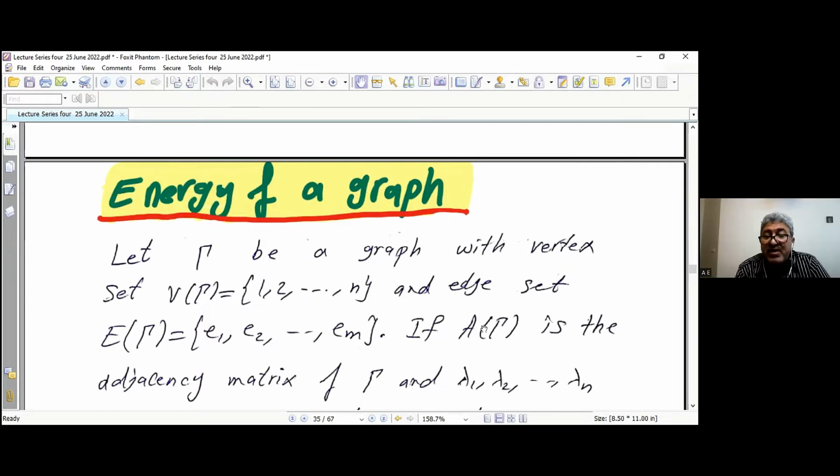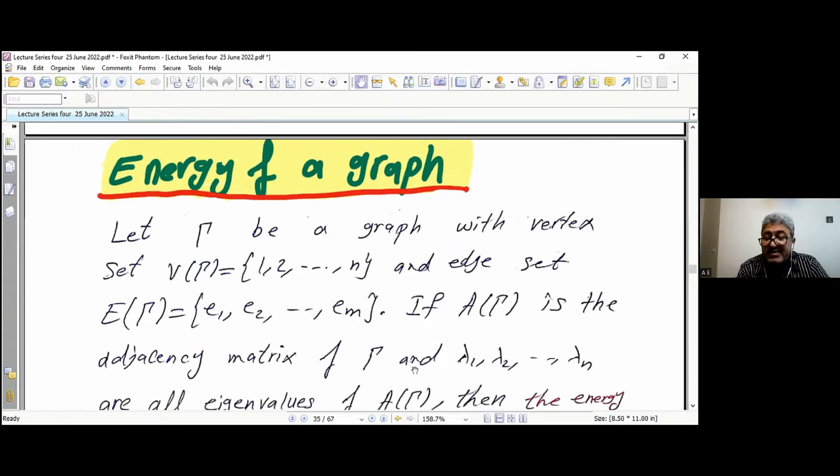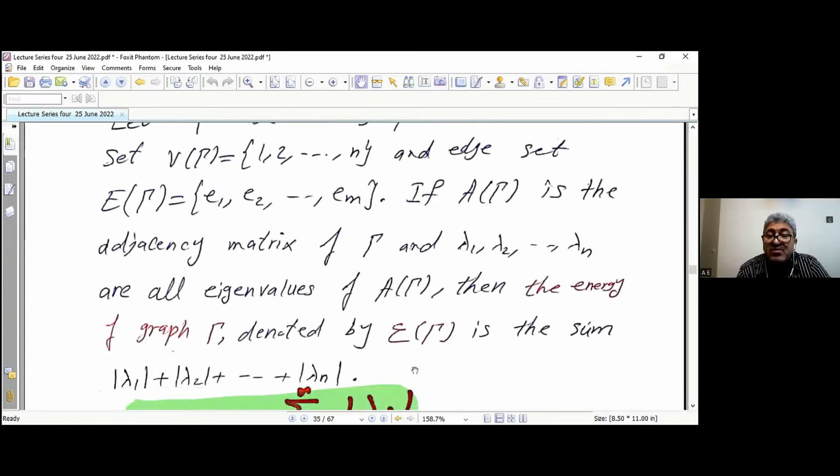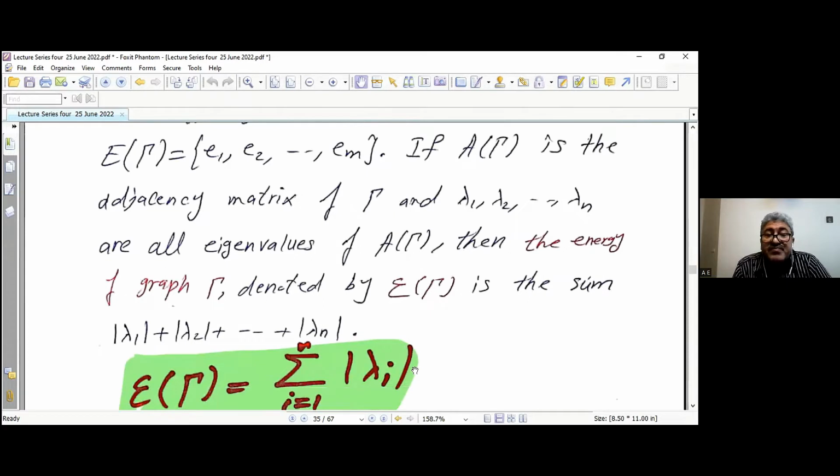If A of gamma is the adjacency matrix of gamma, and lambda 1, lambda 2, up to lambda n are the eigenvalues of the adjacency matrix, then the energy of the graph gamma we denote by small e of gamma, because the capital E we use to denote the edge set.